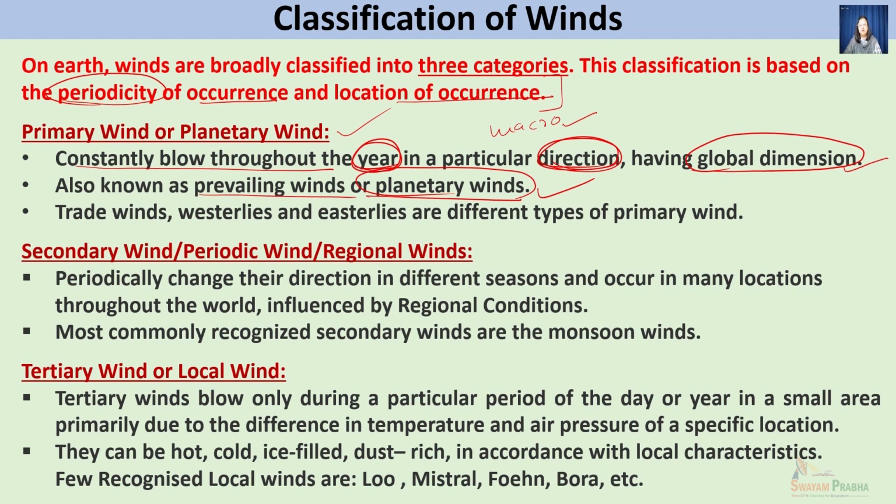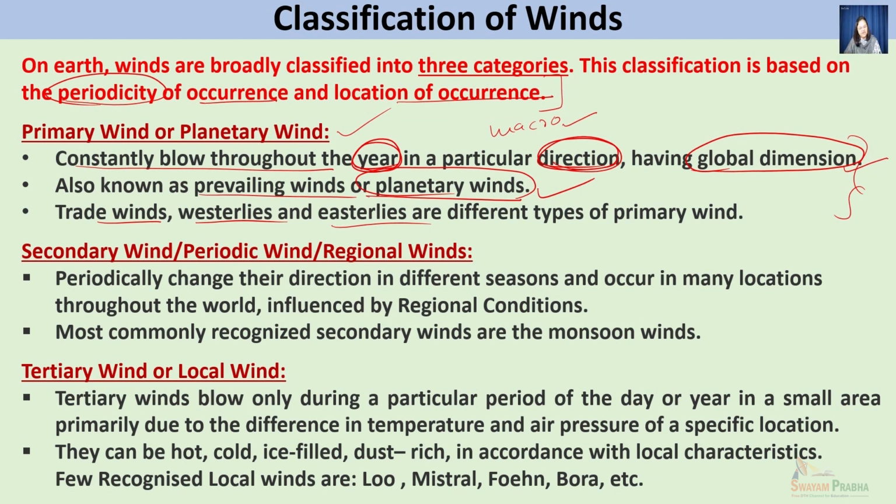A few most commonly observed planetary winds are the trade winds, the westerlies, the easterlies, and they cover specific latitudinal dimension on our planet depending upon the low pressure and high pressure belts that exist on Earth latitudinally.